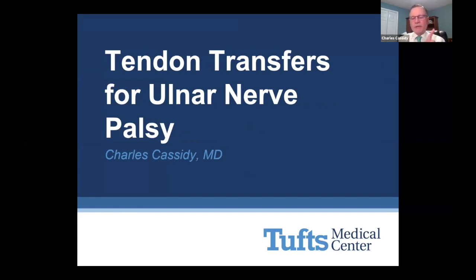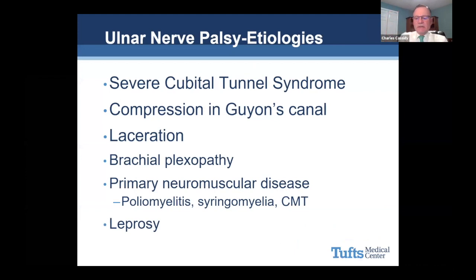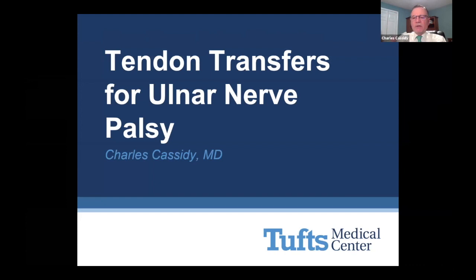And so two points from today for me. One is the yoke stitch to help get the laxity out of the recipient. The second is to think about how the FDP works and how we'll call it the lumbricals. The FDP actually has two insertions. We think about it as one.